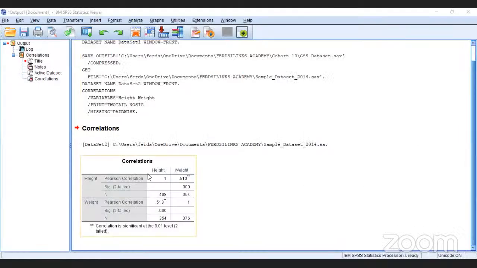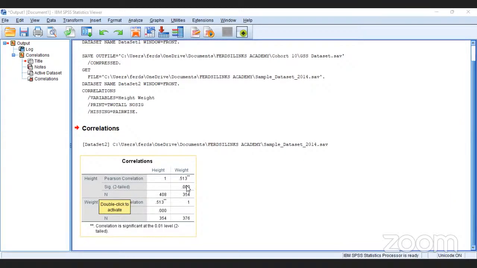With correlation, we are establishing the nature of the relationship without necessarily saying which variable is causing that relationship.